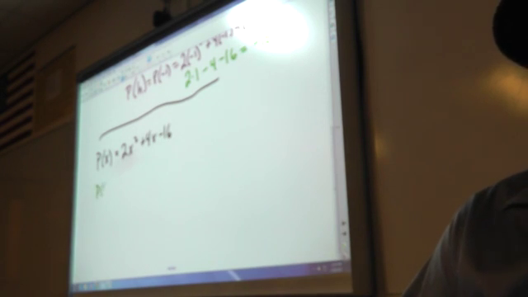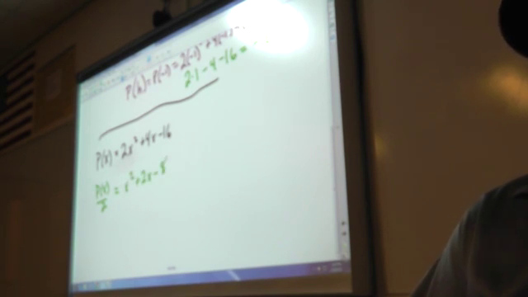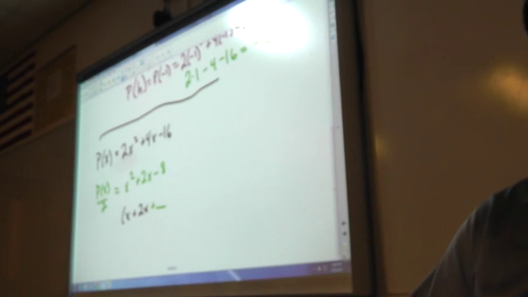So I'm going to write P of x divided by 2, and then I'm just going to have x squared plus 2x minus 8. Now I can do the same thing. What's nice here is I don't have to factor anything out. So then I just write x squared plus 2x plus something, minus 8 minus something. So now I don't have a number in front.